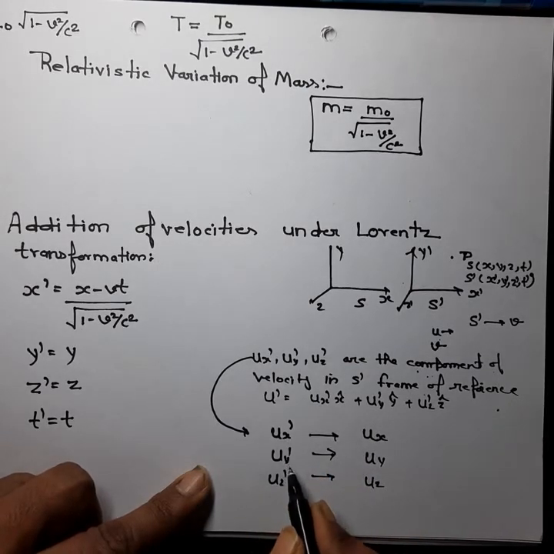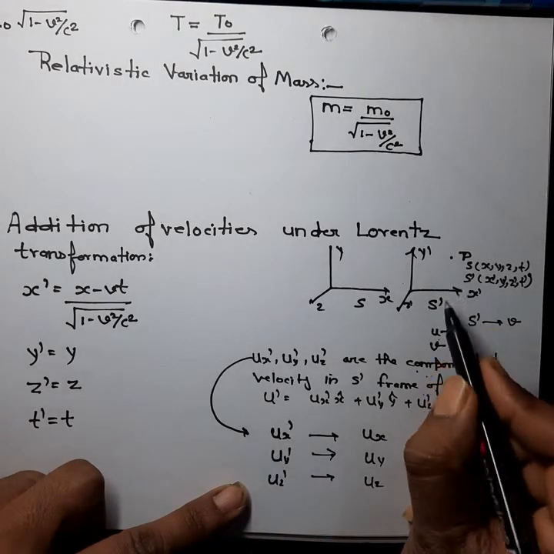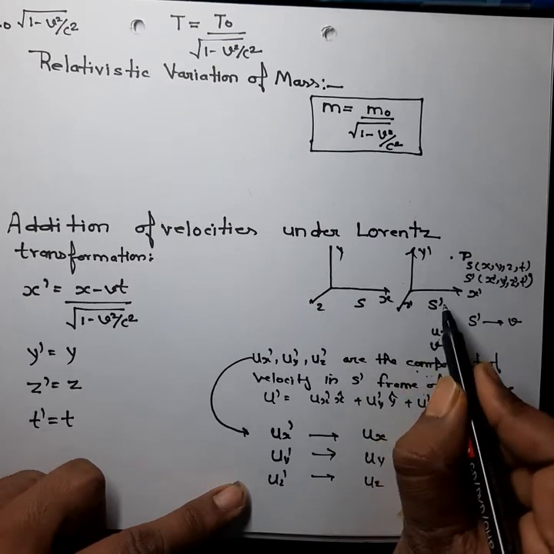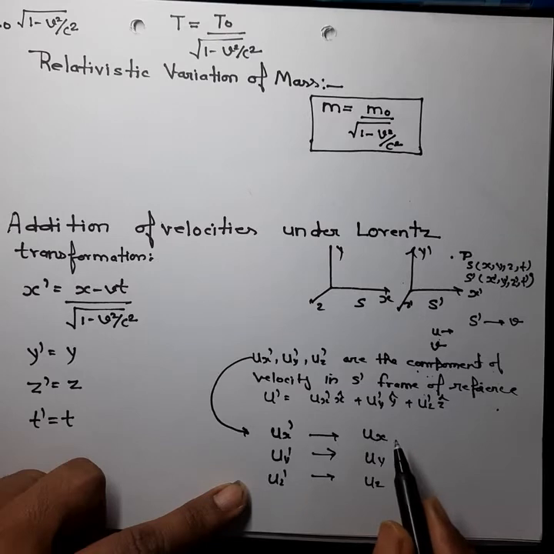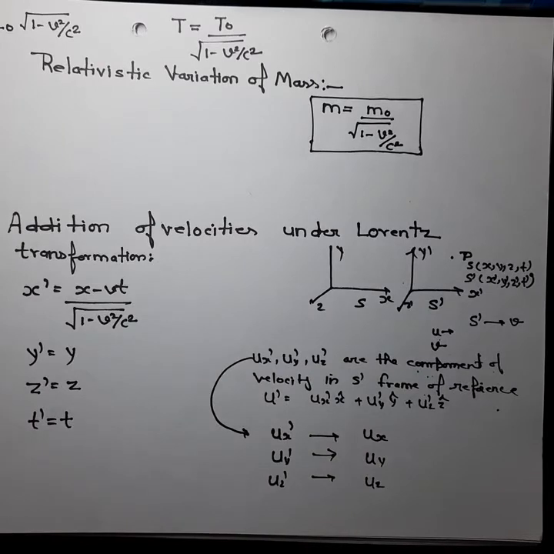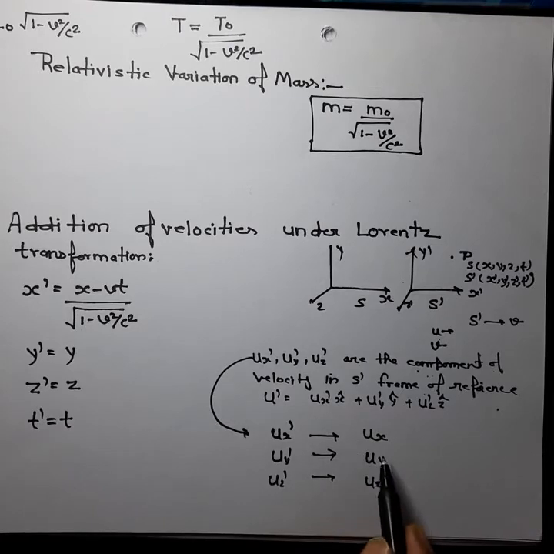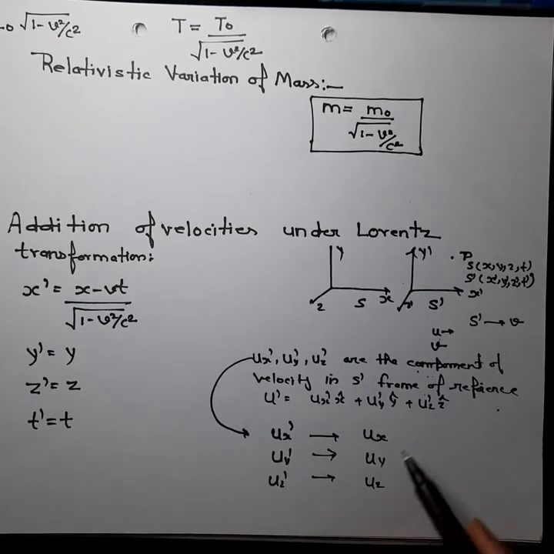So ux dash, uy dash, and uz dash are the velocity components measured by the observer of the S dash frame of reference, and ux, uy, uz are their corresponding velocity components in the S frame of reference. Our aim is to express ux dash in terms of ux, uy, uz, that is, to relate these to the velocity components measured in the S frame of reference.